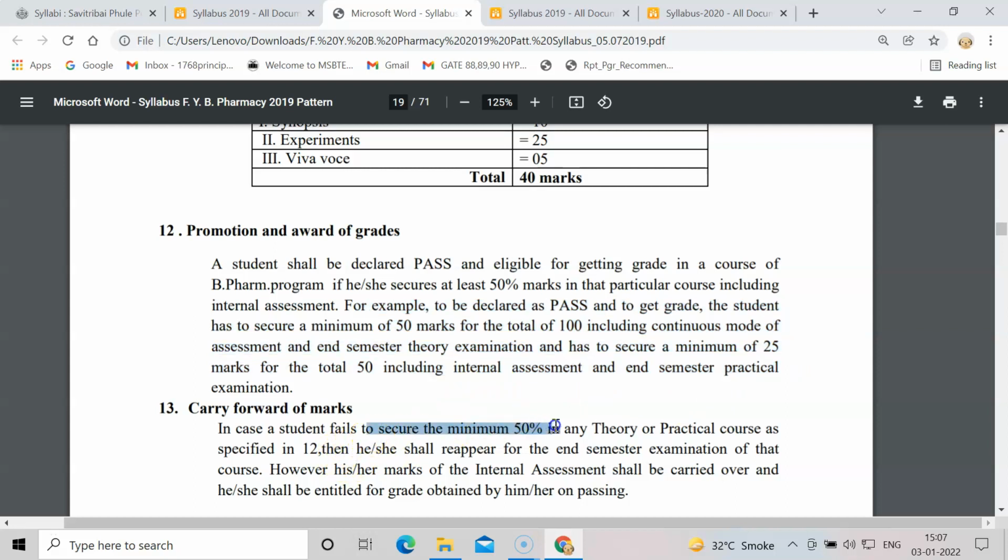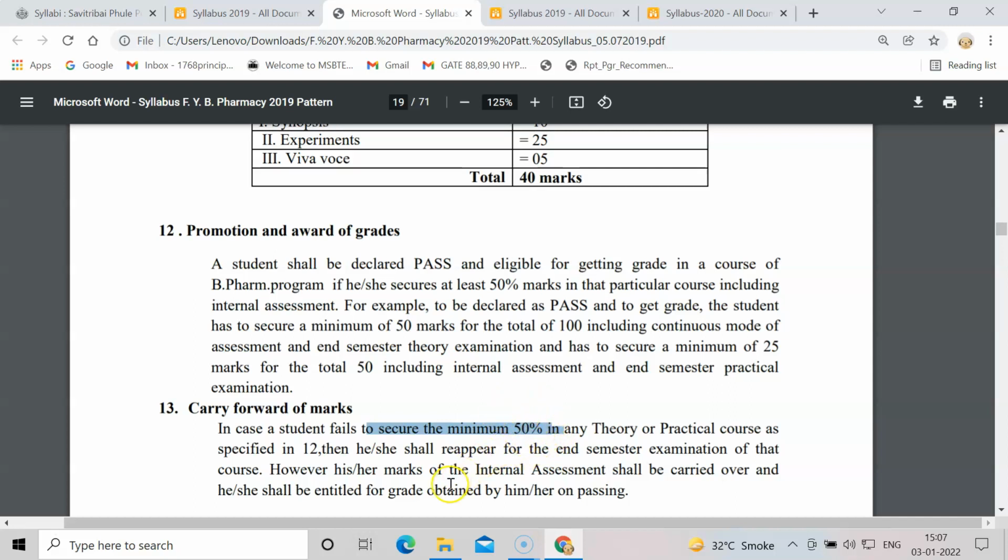If a student fails to secure minimum 50 marks in theory and practical as per the course specified, he or she shall reappear for the end semester. Though you have passed the examination, you have to reappear because you need to complete minimum 50% marks.